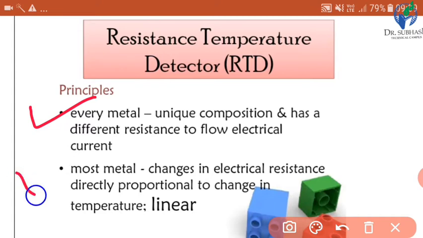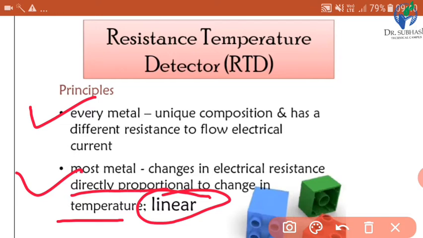Most metals change in electrical resistance directly proportional to the change in temperature. It means in most metals, whenever the temperature changes, the electrical resistance also changes. The resistance of the material is directly proportional to the temperature, so the relationship between electrical resistance and temperature is linear.